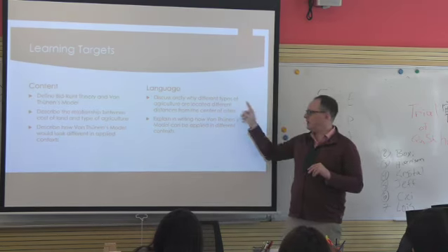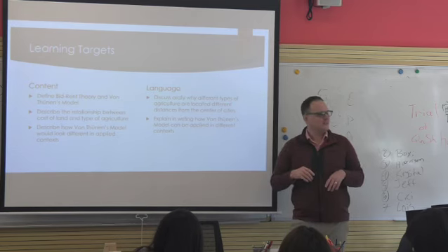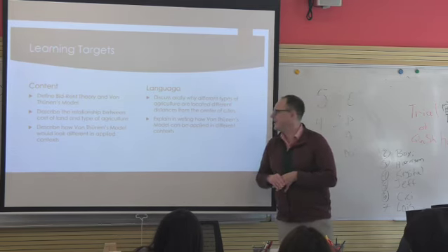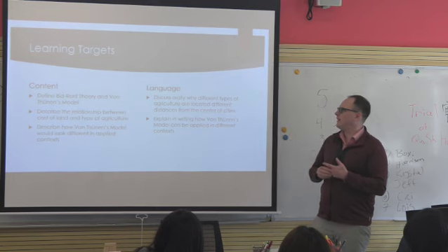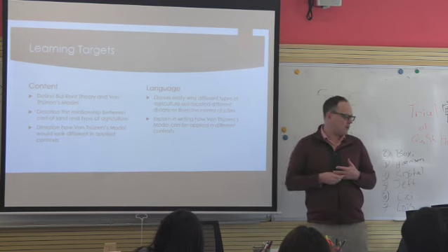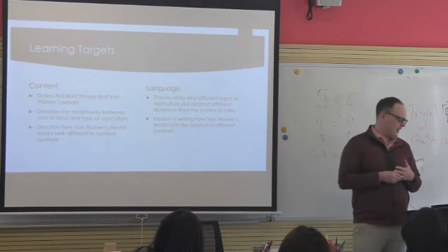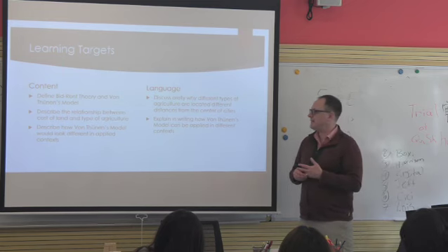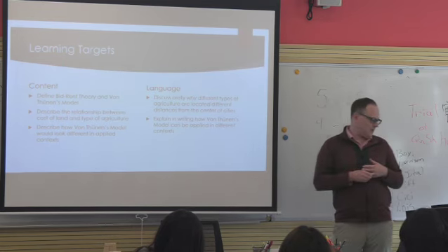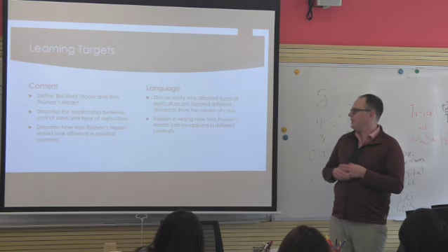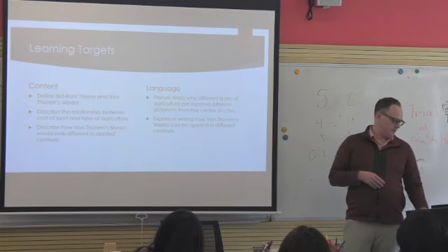So for language today, discuss orally why different types of agriculture are located different distances from cities, and explain in writing how von Thunen's model can be applied in different contexts.